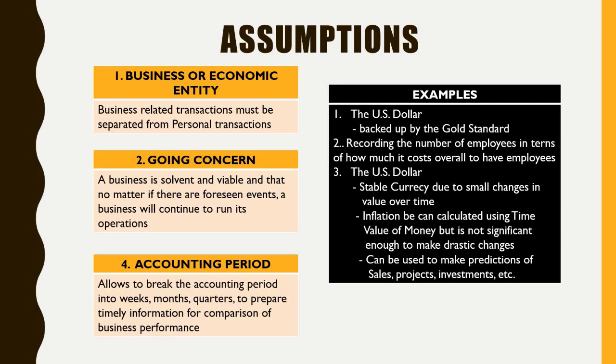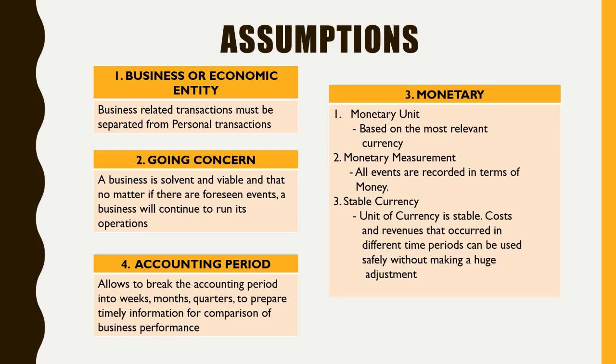So at the end of the day, we are still using some uniform type of currency in our system. And in this case, we're always going to refer to everything in US dollars. If you are using foreign currency, you have to convert it into US dollars. And then we are going to talk about how the monetary measurement works.